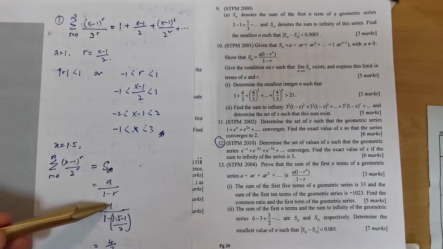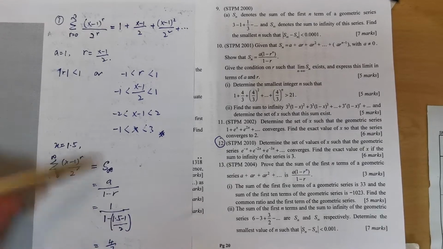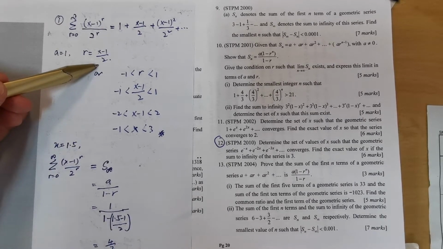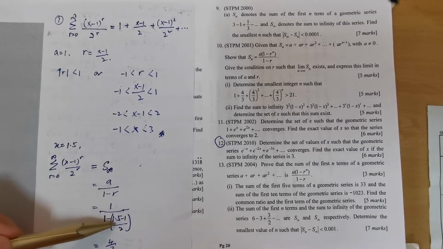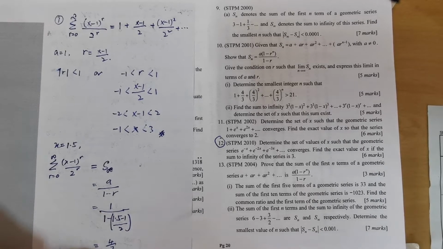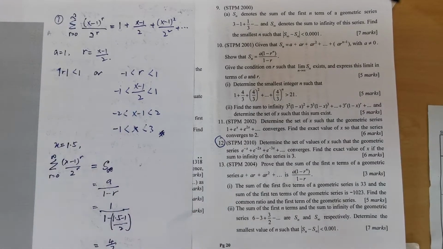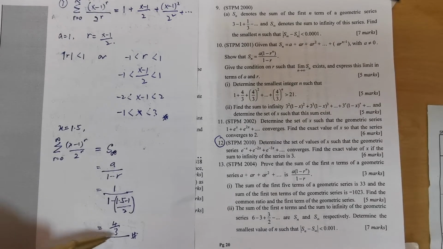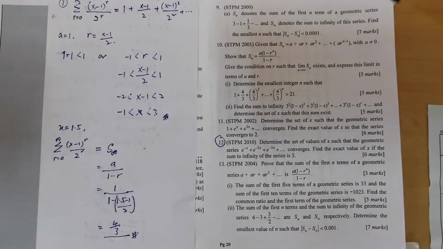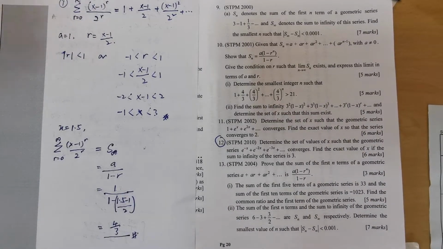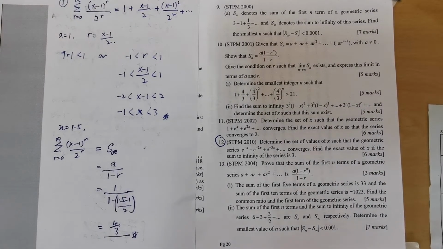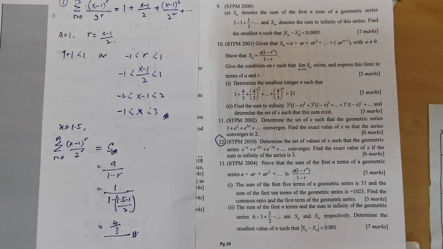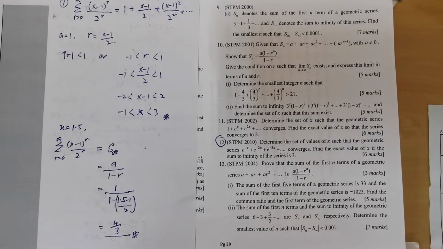Substitute in: a is 1, the common ratio is (x minus 1) over 2, and x is 1.5. You get that the answer is 4 over 3. This means that when you add up all these terms, the answer approaches 4 over 3 only, because each term gets smaller and smaller but never reaches 0.